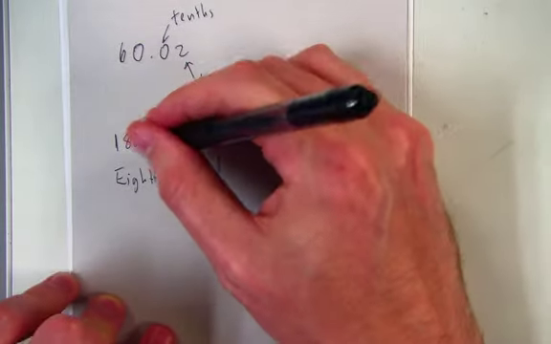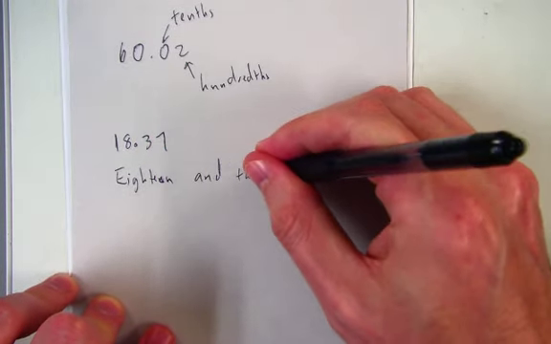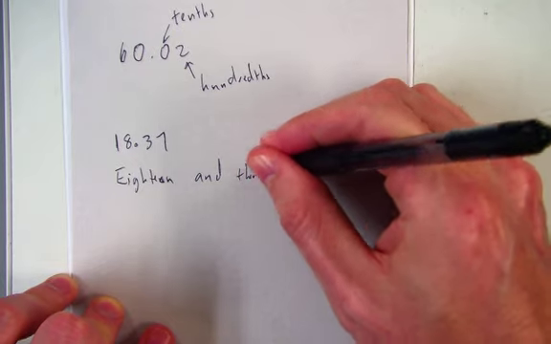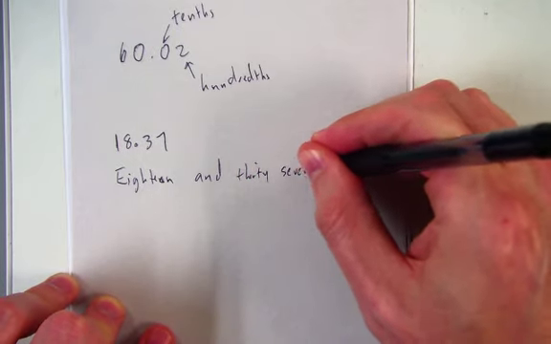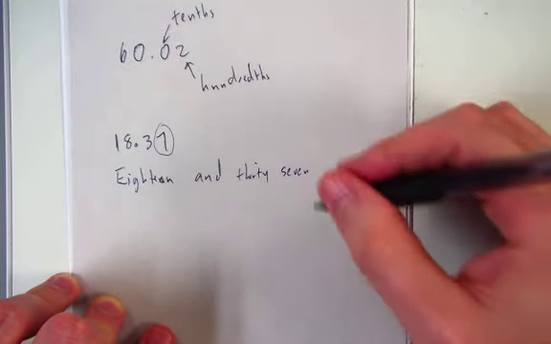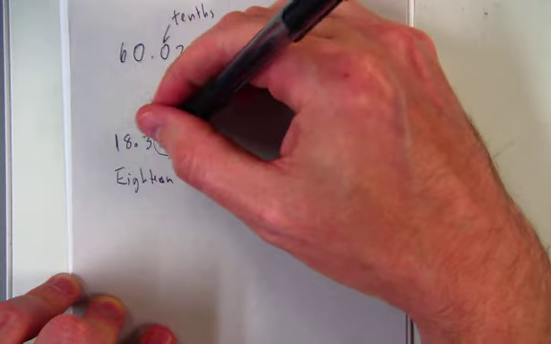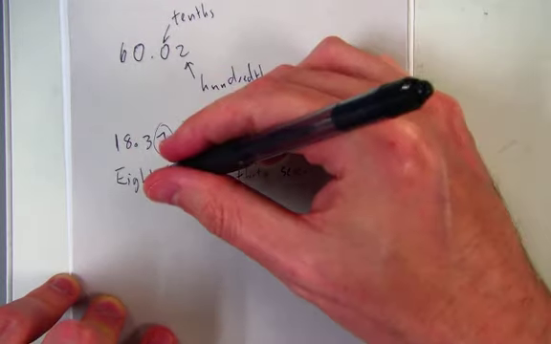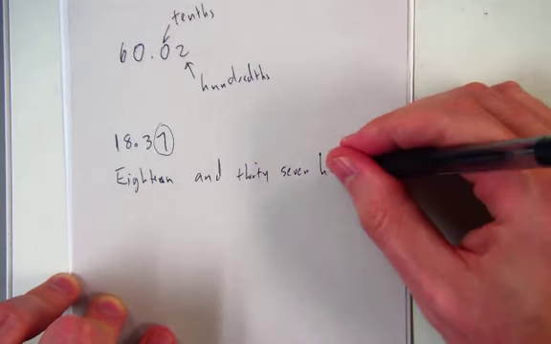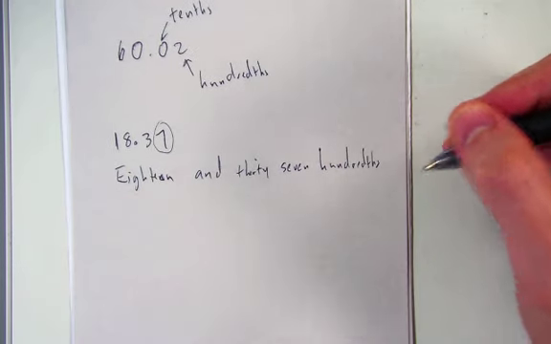Then over here, the 37, we're going to write that out, and we're going to use the last place value that shows up here to name the whole decimal part of this number. So it's the second spot here, tenths, hundredths. So this is 18 and 37 hundredths is how we would read this.